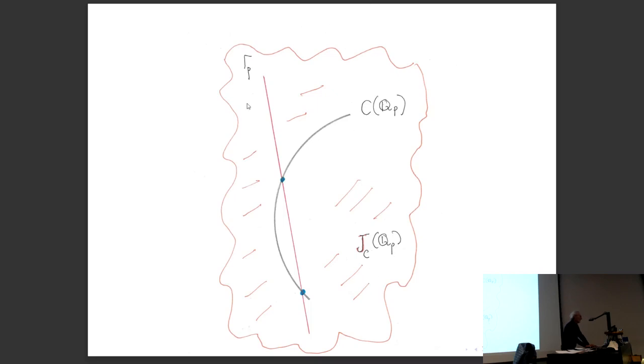And you also have this gamma p, which is definitely, by hypothesis, less in dimension than the dimension of this ambient p-adic analytic group. Now the C, whatever it is, the curve, generates everything as a group.